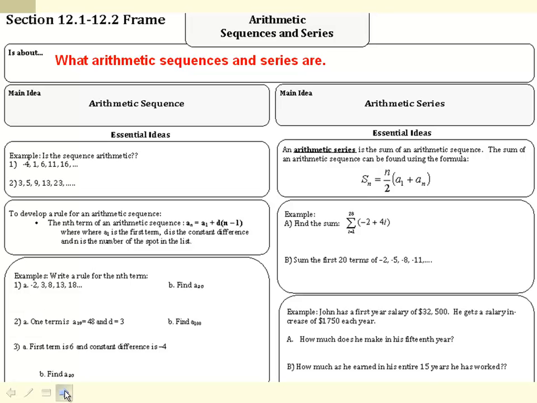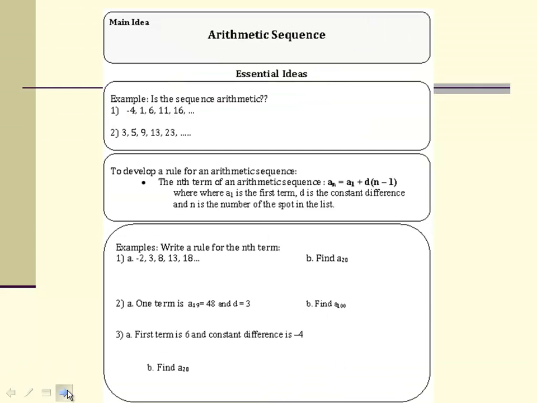An arithmetic sequence is a little bit different. An arithmetic sequence has a constant difference between terms.